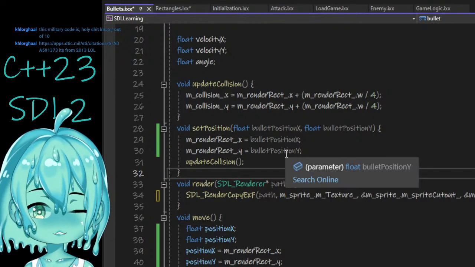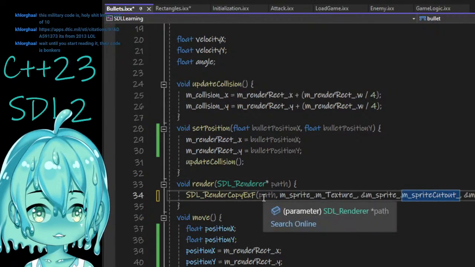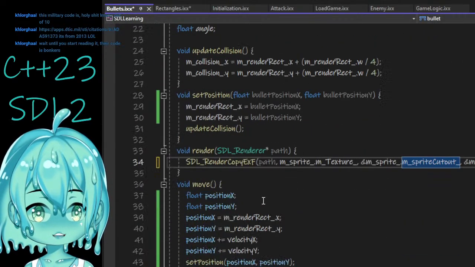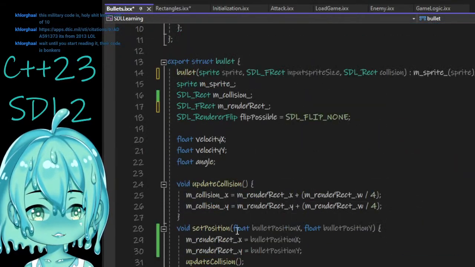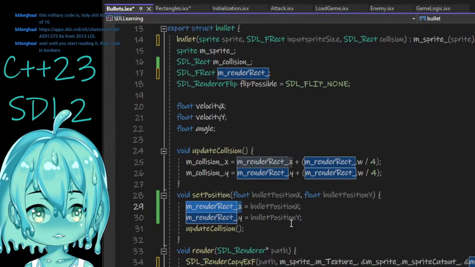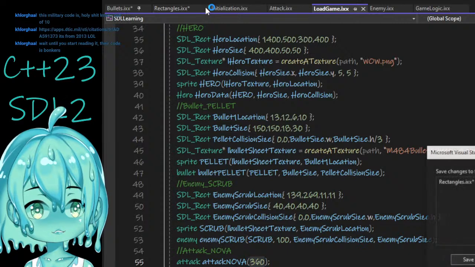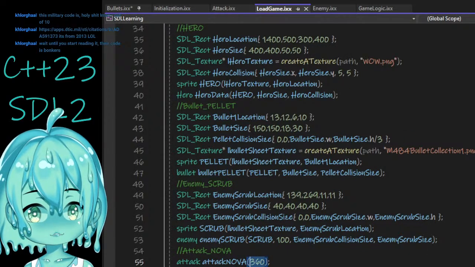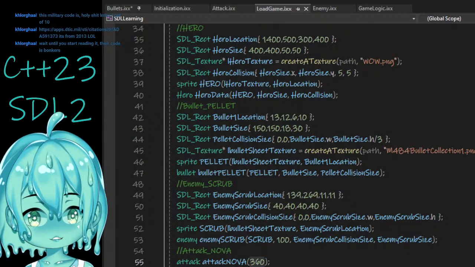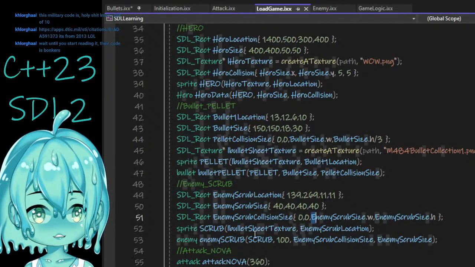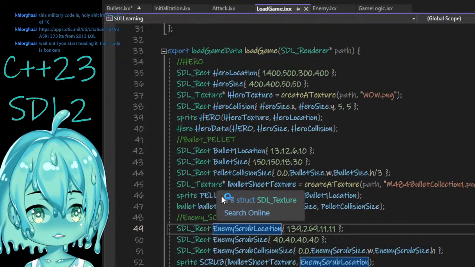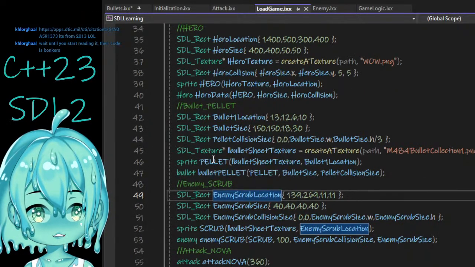Okay, so render copy X, FF. So all this is now a floating point. If we go to our load game module, we're just going to delete that rectangles module. We don't need it anymore. Come back here.